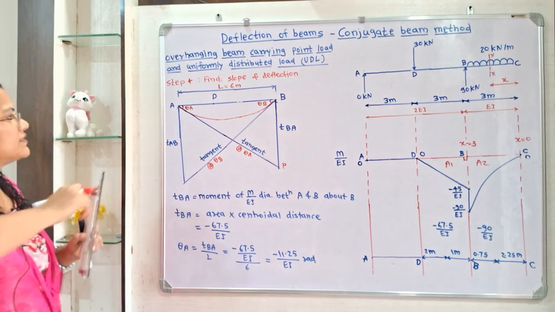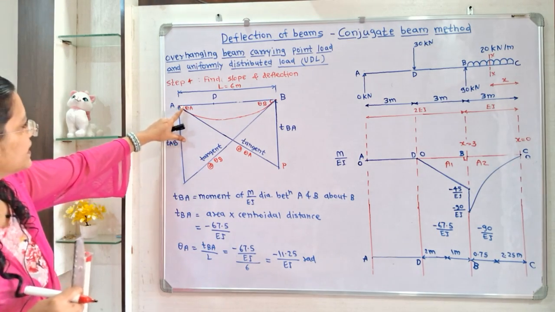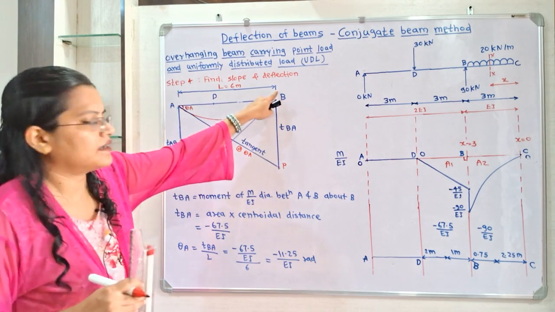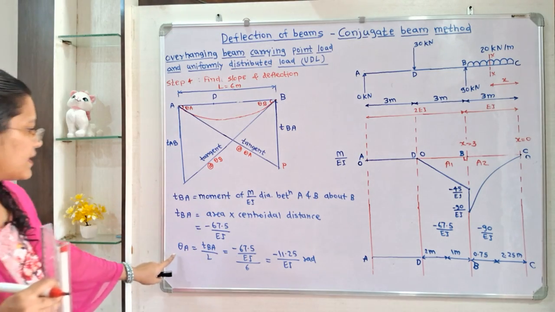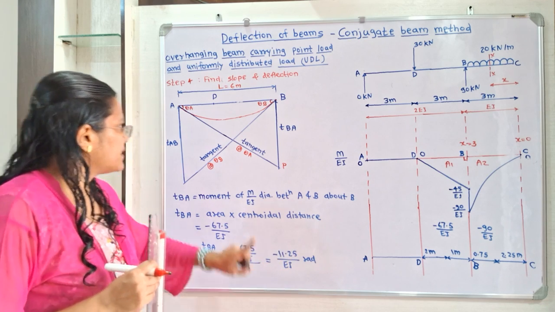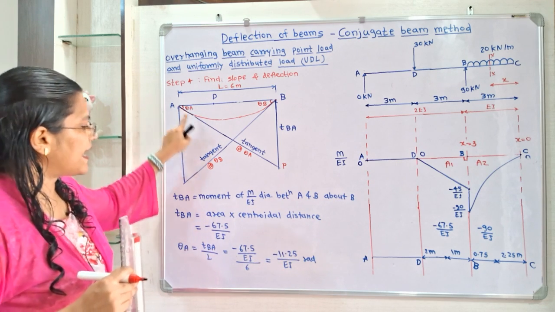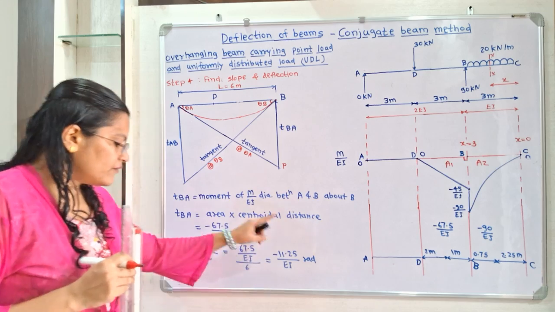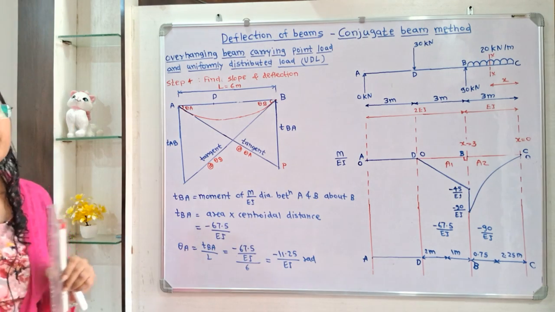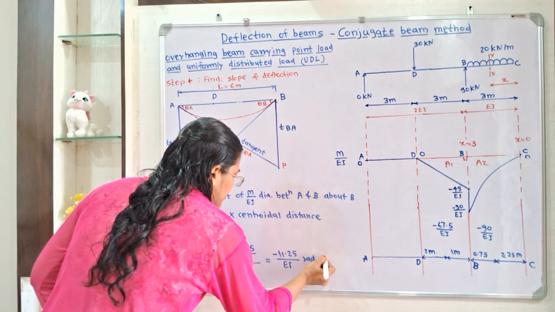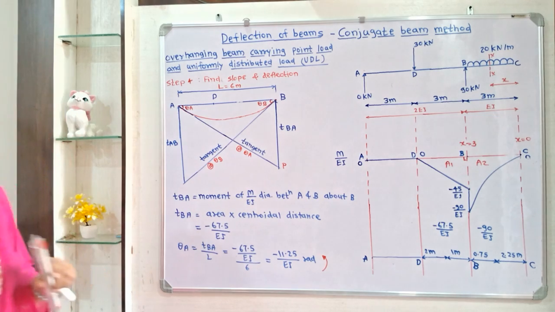Then we can calculate this theta A. So theta A is equal to TBA divided by L. So we will get minus 11.25 by EI, and this theta A, that is this angle, is in radians. So we will get this negative value, and for this negative value we have to show that the direction of the slope is anti-clockwise.